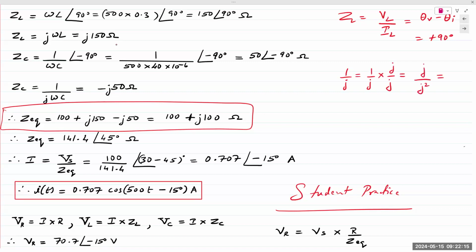Here's the short derivation. The reciprocal of the imaginary number is the negative imaginary number. So since ZC is 1 over j omega C, it becomes minus j over omega C. In polar coordinates, it is 1 over omega C with an angle of minus 90. So it turns out to be the same.